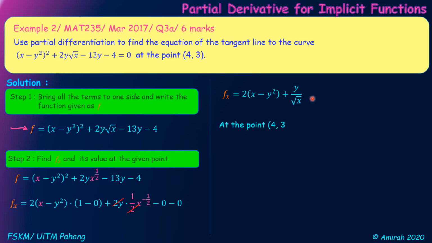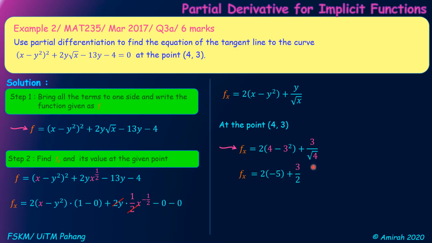Alright, after we find fx, then we can find the value of fx at the point (4, 3). So we replace x equals 4 and we replace y equals 3.